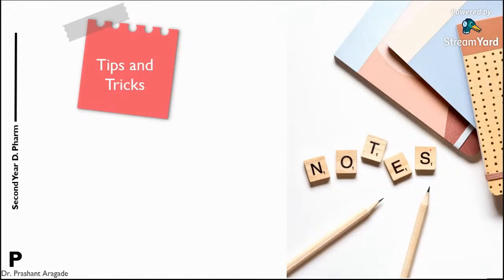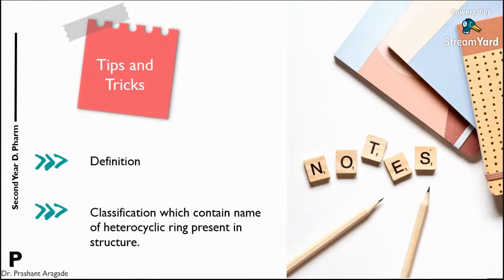If you remember, the first two types of questions are definition and classification. So let's start with this, that is, definition and classification of that particular category, isn't it? So if you start your preparation of pharmaceutical chemistry 2, you have to take two separate notebooks.